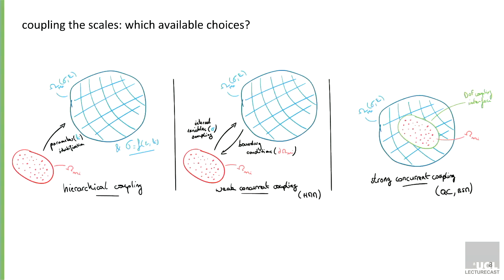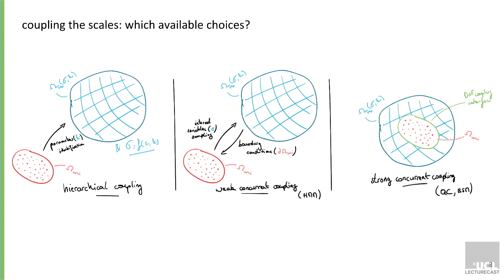So what is actually called hierarchical coupling is, instead of doing experiments on your material to get those parameters in the model, you actually run a nanoscopic or smaller scale model, which you will test over a whole range of conditions, and you'll get those parameters that you'll feed to your macroscopic model.